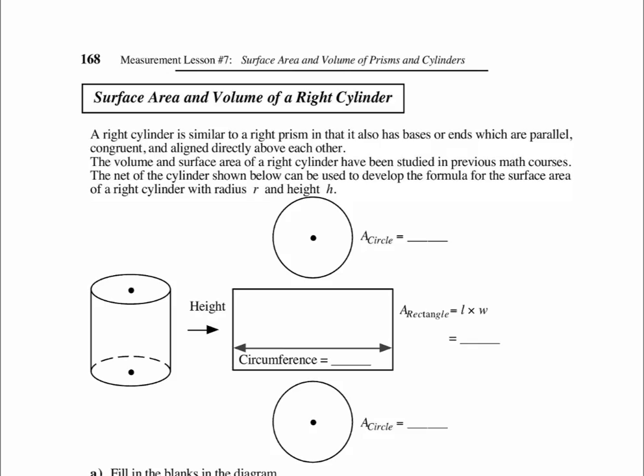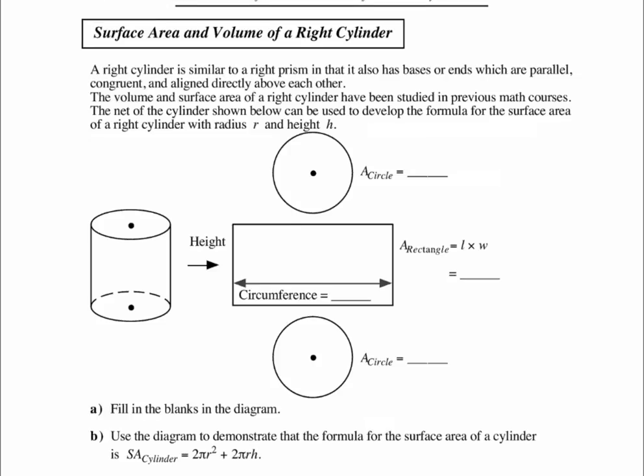Cancel it out. So you've seen cylinders before, right? So really quickly, we're going to go through number 2. Turn the page. The formula for the area of a circle, what is it? Pi r squared. So when you open up and look at the net of a cylinder, you've done this before in junior high, right?